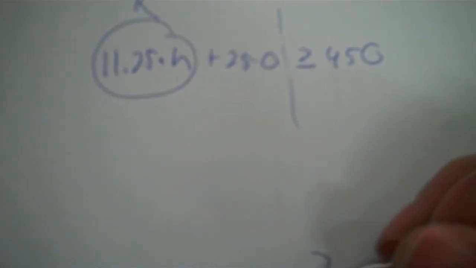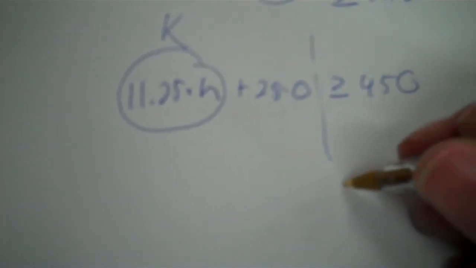So we got times and plus. So I highlight the times. That's a keep. We have to get rid of the 250 first. So I subtract 250. That's 200. So 11.25 times H. Then I'm going to divide by 11.25.